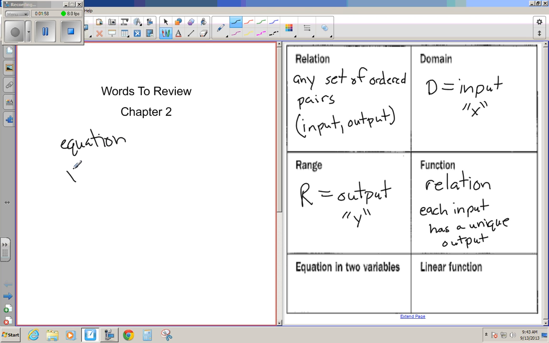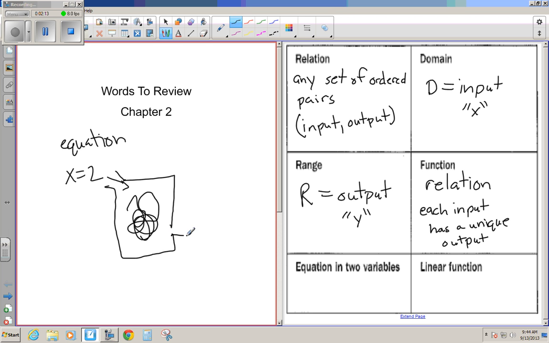If you have the input of x equals 2, and you may have seen this before where you've got a function machine where 2 goes into the machine, some stuff is done to it, and then out comes another number, let's say 3. That means whenever you put x equals 2 into the function, you get 3. So you're not going to have this: if you put a 2 in there, all of a sudden, magically, you end up with a 10. This isn't a function. The machine is broken.